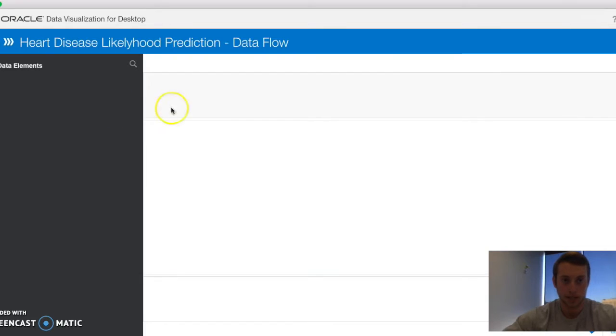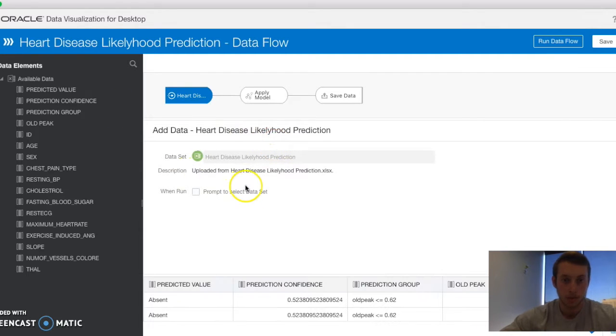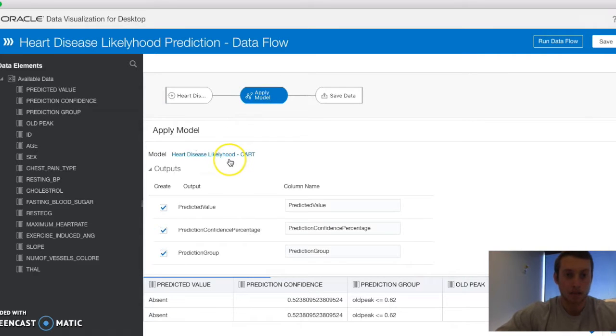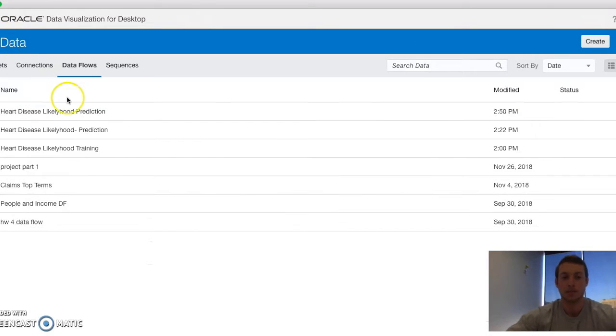Then for the prediction, we used the previous one in applying the model, as you can see. And those are the data flows we used.